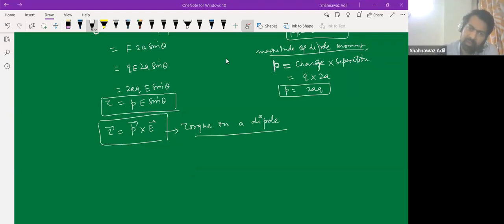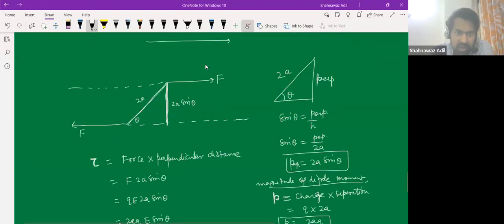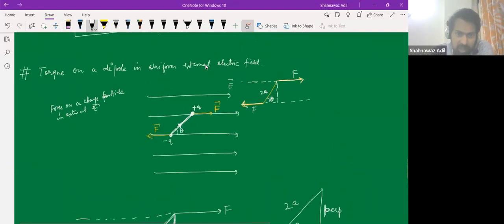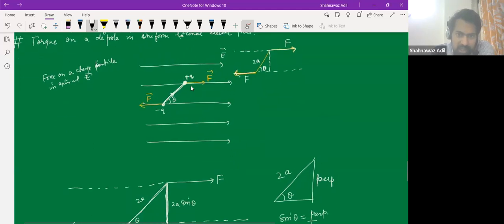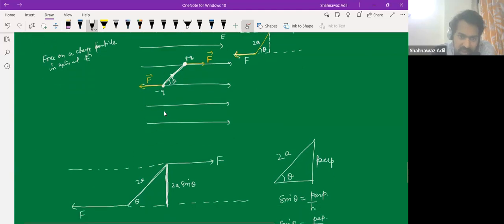Wa alaikum assalam. So we just started and we talked about this couple. We were saying that the positive charge experiences a force in the direction of the electric field, and the negative charge experiences a force against the direction of the electric field. So this is qE, this is minus qE.